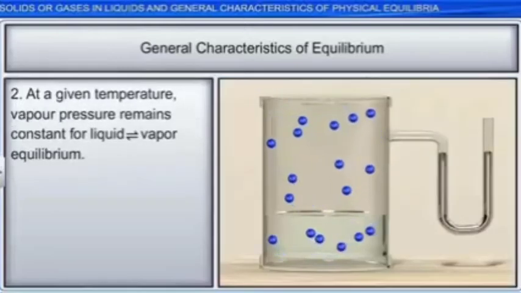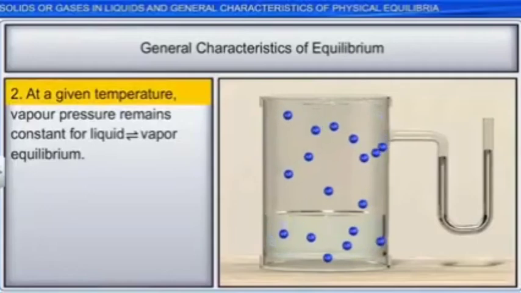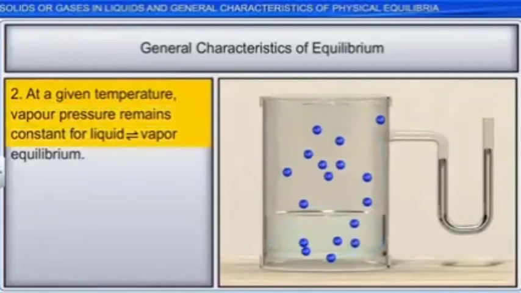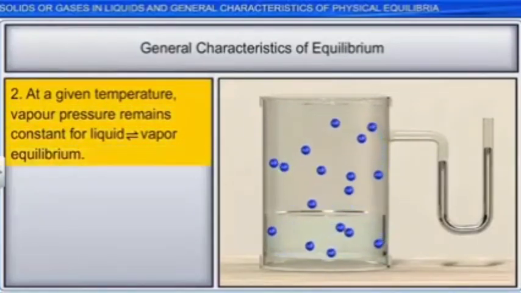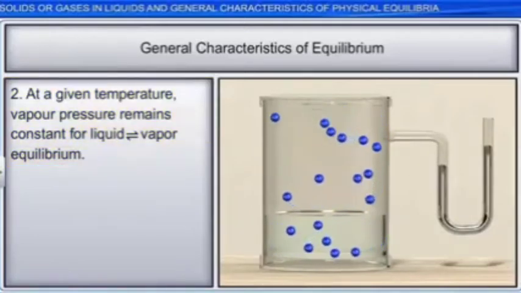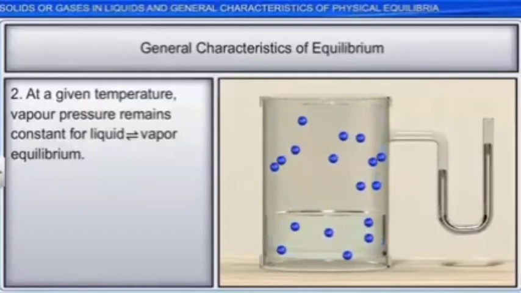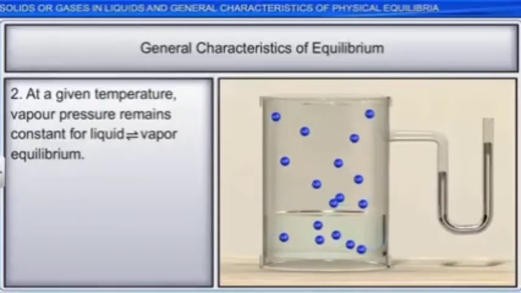Next, at a given temperature, the vapor pressure remains constant for liquid-vapor equilibrium. For example, in equilibrium between water and water vapor, the vapor pressure of water remains constant at a given temperature.